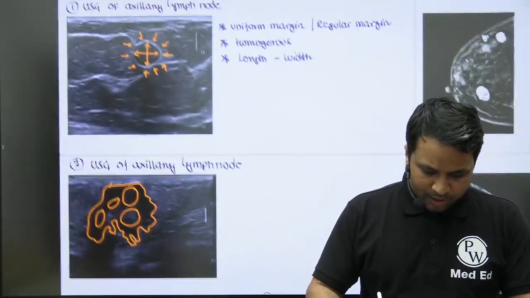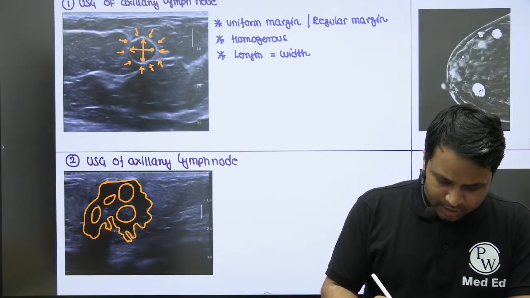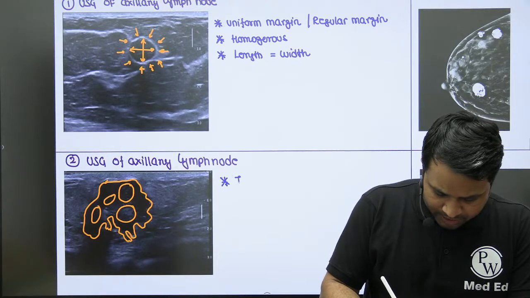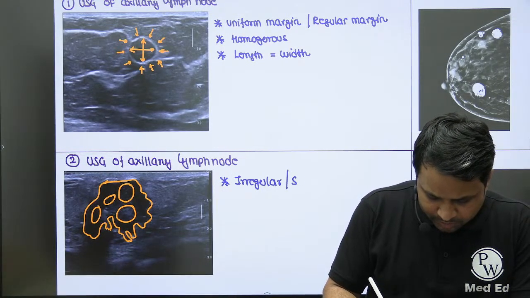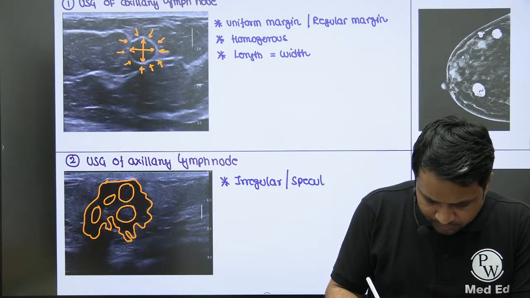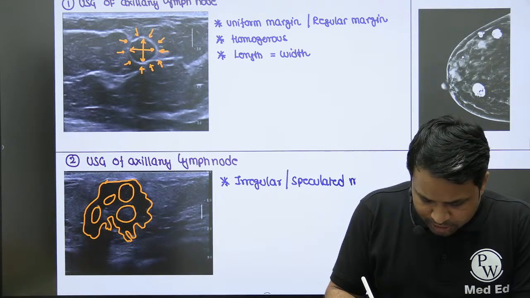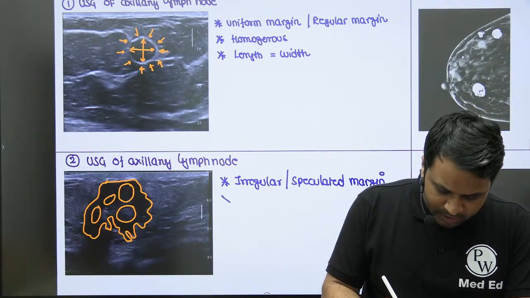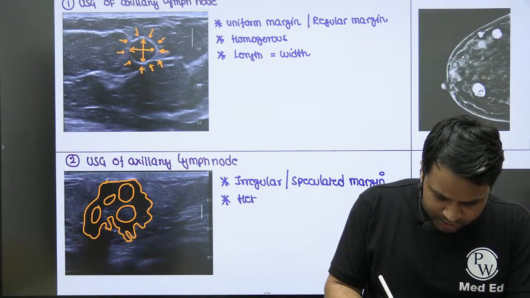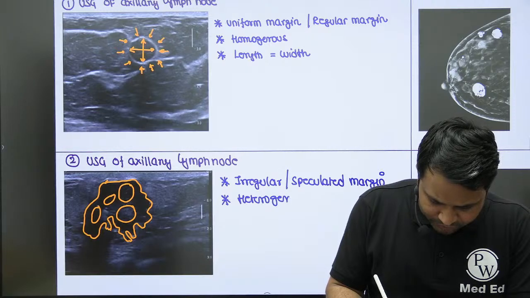With the same context, I can add the terminologies here. It is going to have an irregular, also called the spiculated margin. This spiculated margin is also called a comet tail margin. There are other names which are given. It is going to be heterogeneous, with different densities.